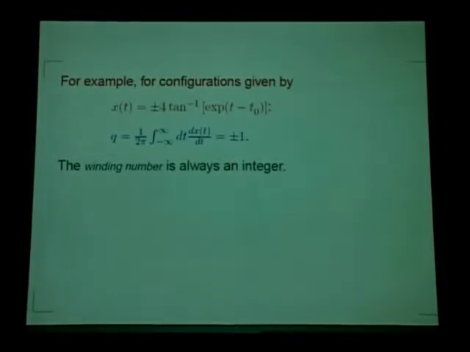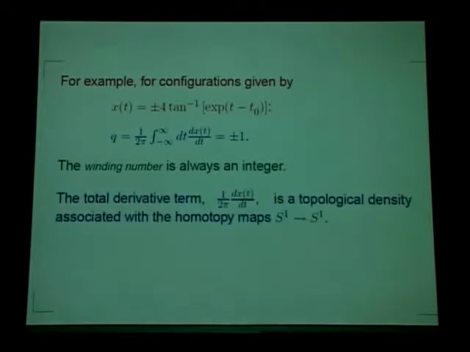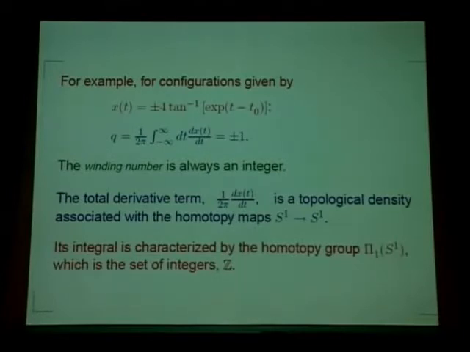It's always an integer, because the total derivative term that we introduced in this theory is indeed a topological density associated with homotopy maps of S1 to S1. And these maps are characterized by the homotopy group of S1, which is the set of integers.